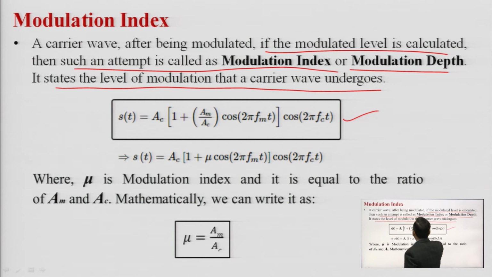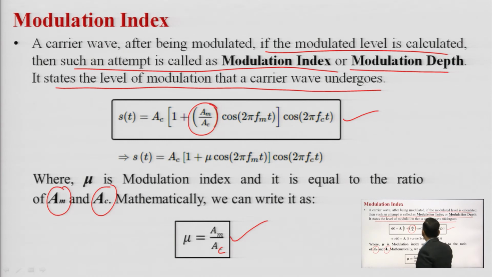Now, this factor AM by AC, if we define mu equals AM by AC, is called the modulation index or the depth of modulation. We have seen that AM is the amplitude of the message signal and AC is the maximum amplitude of the carrier signal.